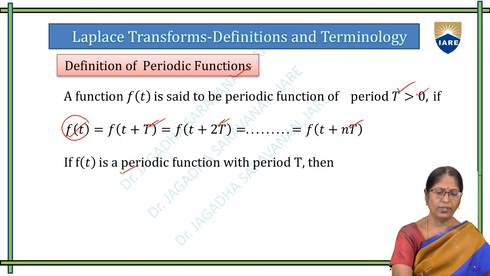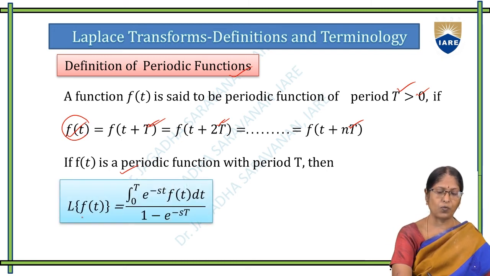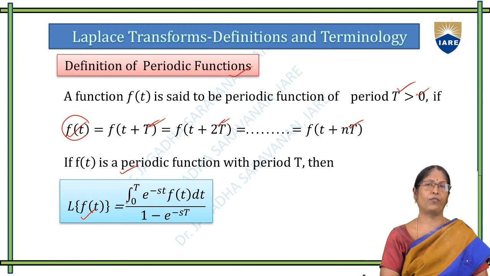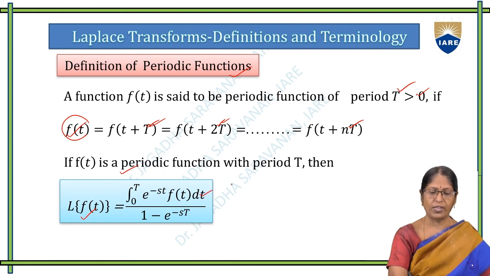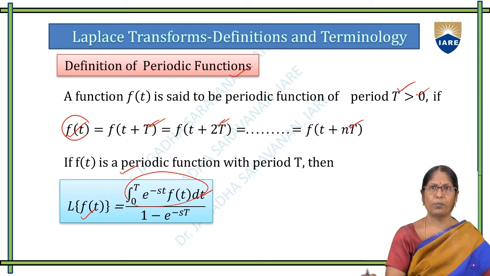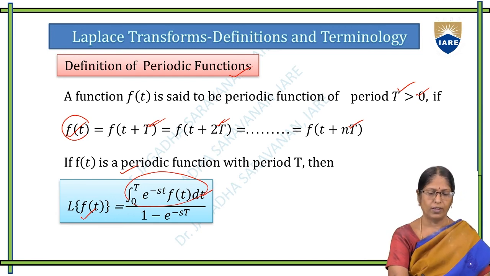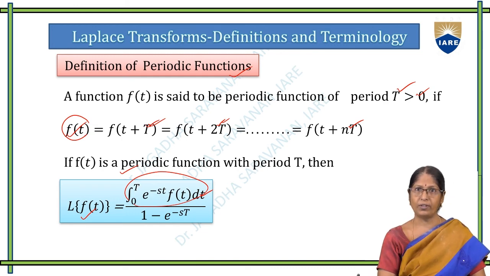Now, if the given function f of t satisfies the condition of a periodic function, then the Laplace transform of that periodic function is integral 0 to T e power minus st f of t dt. It is easy to remember: the top one is our Laplace transform formula, the only difference being that in the place of infinity, capital T is there.